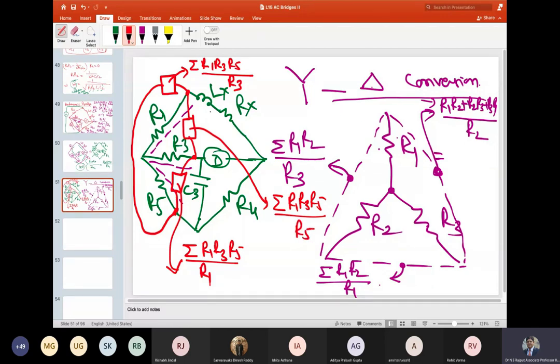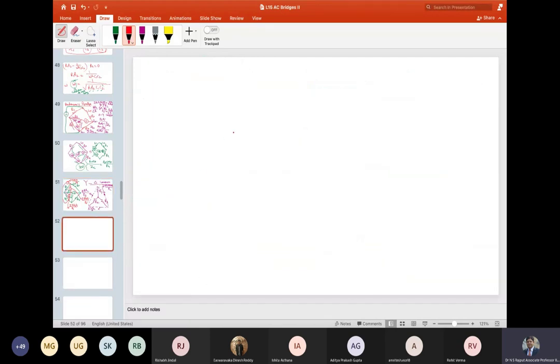So if I convert these three arms into an equivalent delta, then let us see what we get. We will get it as LX, RX as usual, and R4 as usual.